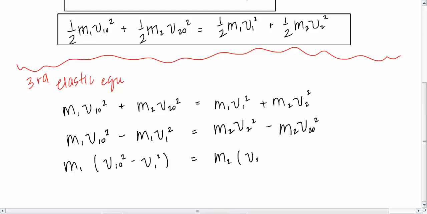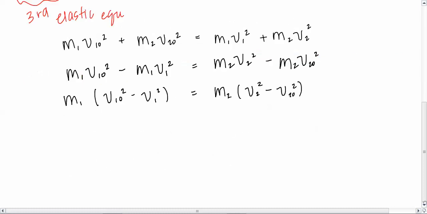So again, this is not something that you have to be able to do. I just like showing you how to come up with equations and how to use all the algebra that you learned before. Okay, so I recognize this as being the difference of two squares.